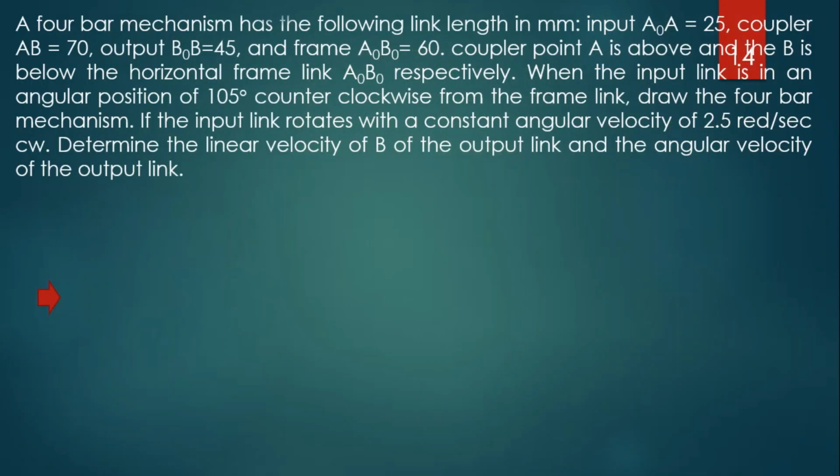We will discuss another example problem. I will read the problem now. A 4-bar mechanism has the following lengths in mm. The input A0A is 25 mm, coupler AB is 70 mm, output B0B is 45, and frame A0B0. Frame A0B0 is fixed because it's a frame, right.